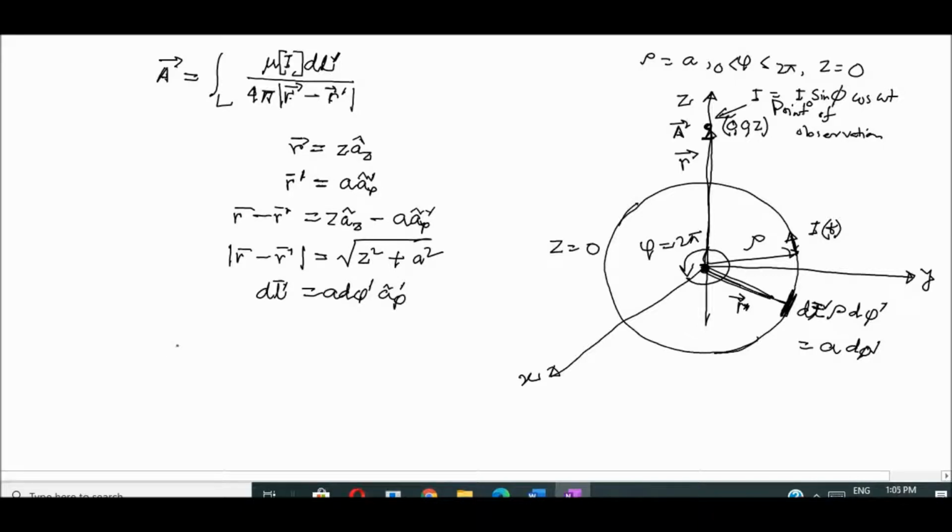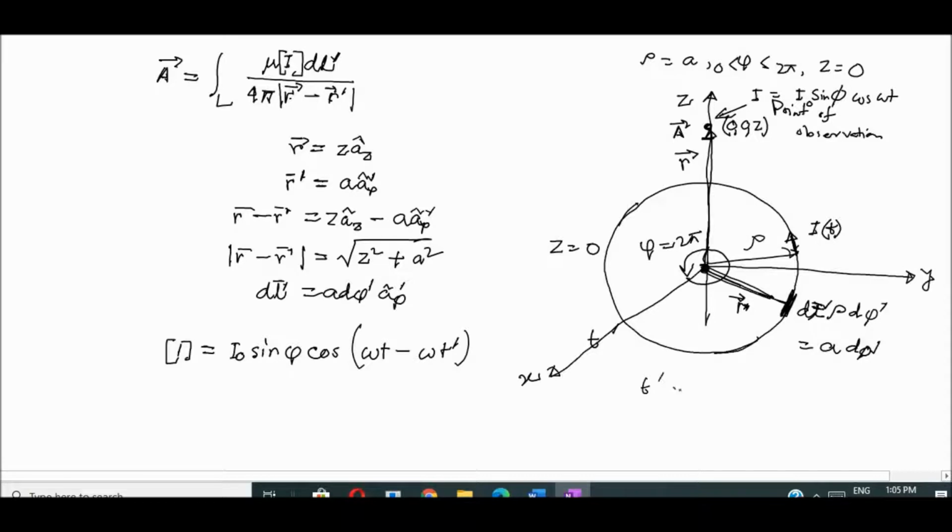Now if I want to find the current, I prime will be I naught sine phi cosine of omega t minus omega t prime. Now t prime is the delay time.